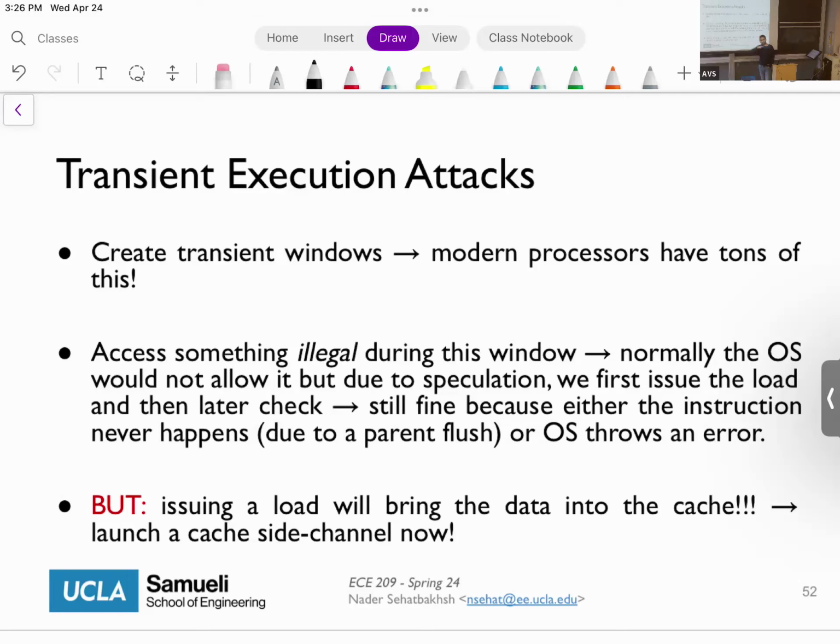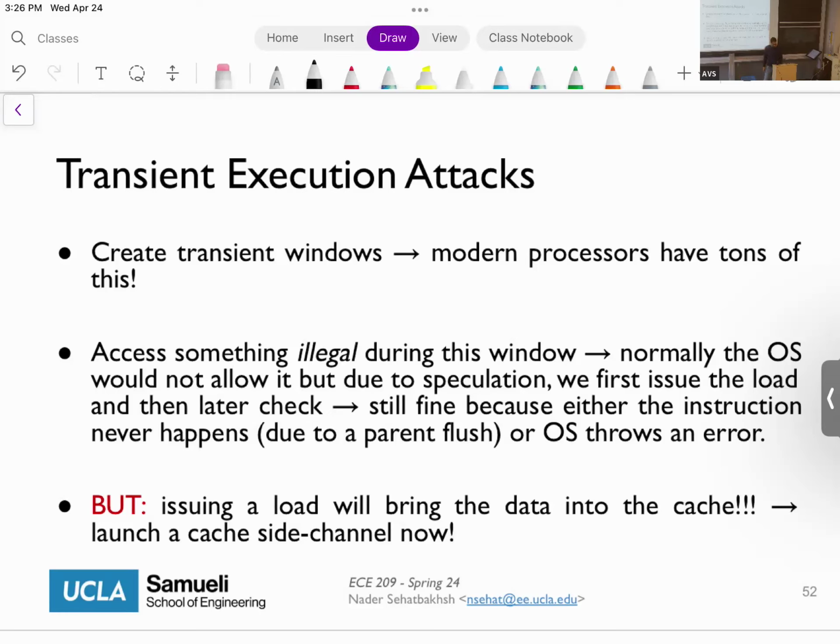Eventually, that transient window will be resolved, either true or not true. If it's not true, which means things are going to be flushed, then I can safely ignore that exception, or I can even take that exception, capture it, and do something about it. But by the time I've already finished my illegal activity, in other words, I've read what I'm supposed to read or did what I'm supposed to do.